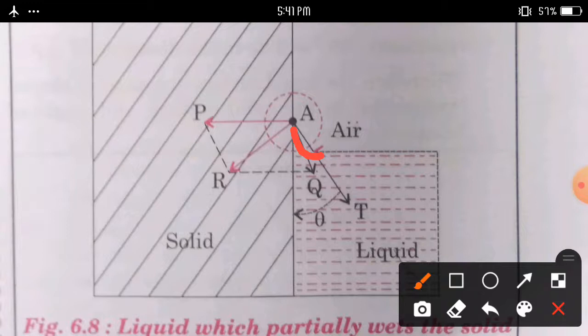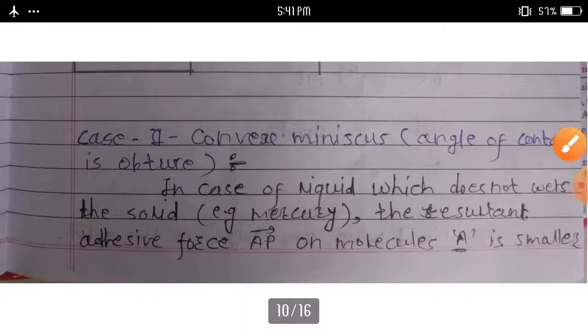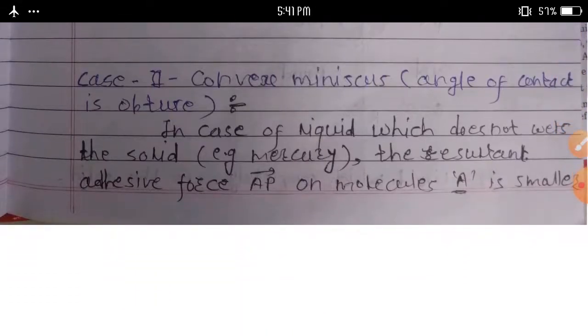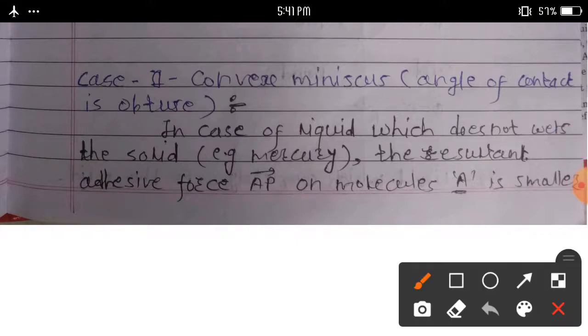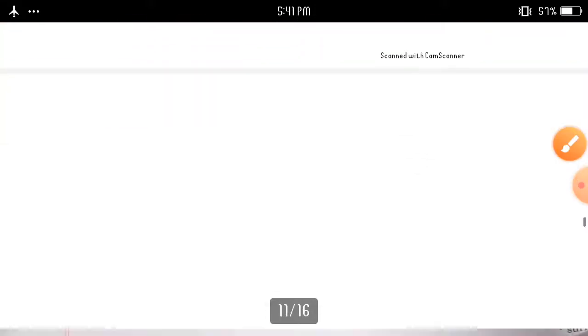In the second case, convex meniscus, angle of contact is obtuse. In this case, for a liquid which does not wet the solid, for example mercury, the resultant adhesive force AP on molecule A is small. See this diagram.